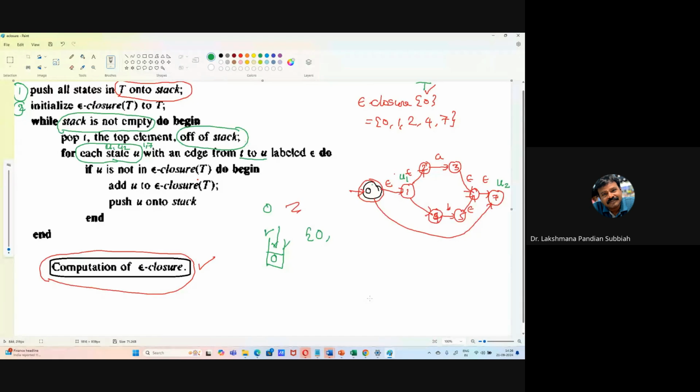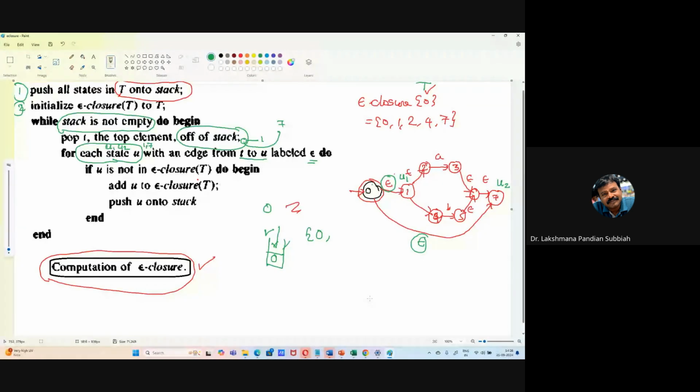So 0 to 1 as well as 0 to 7 are labeled epsilon. So from 0 by direct epsilon, we have 1 and 7.